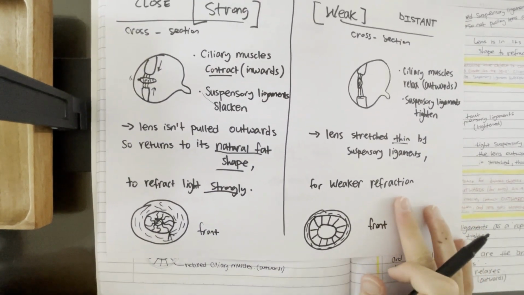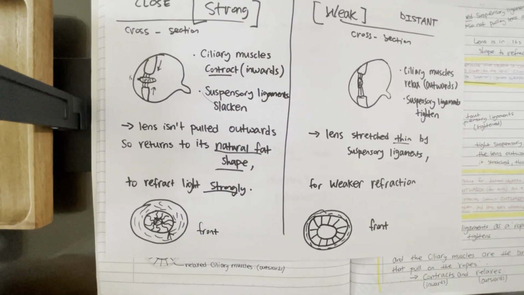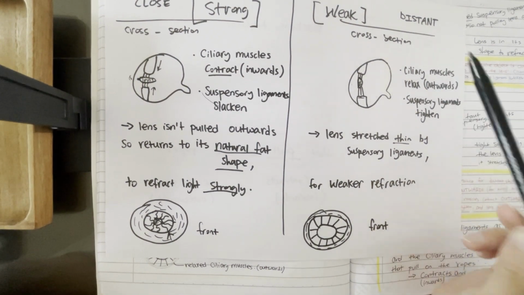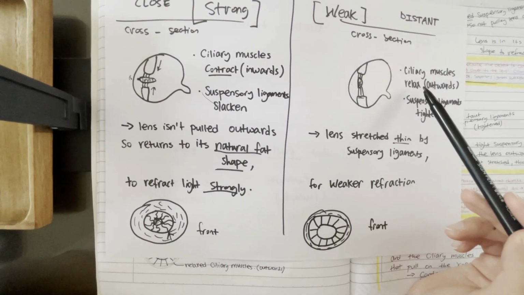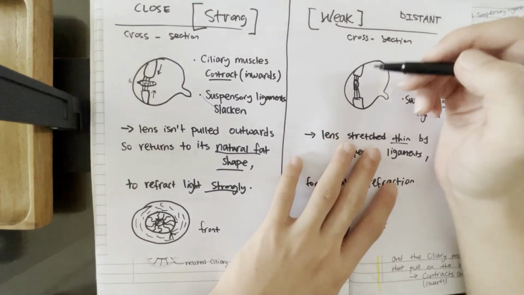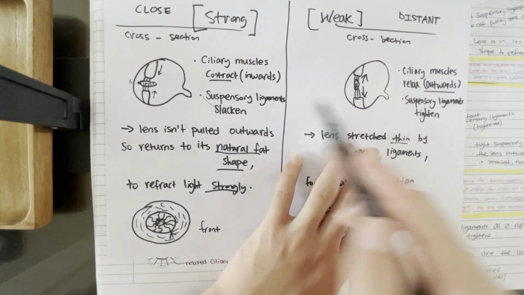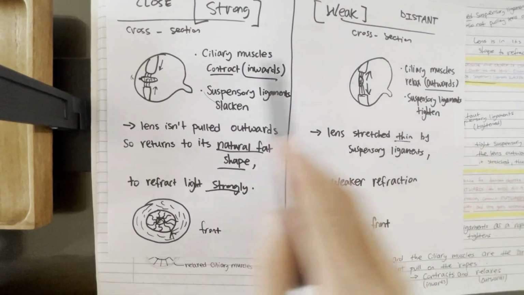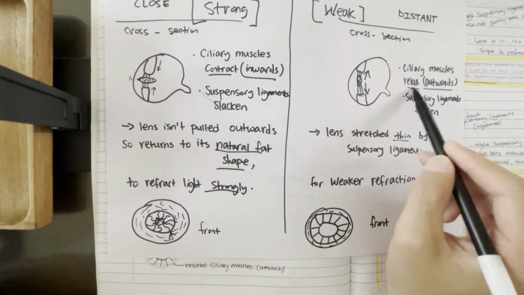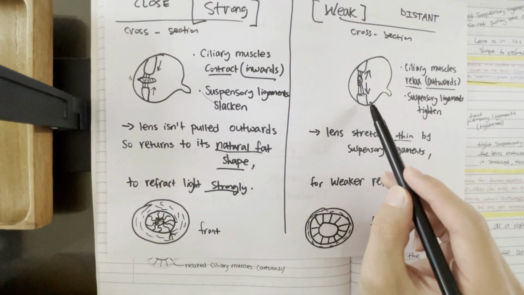Now it's basically just the opposite for distant objects. Cross-section view again. The ciliary muscles relax. They have relaxed outwards. I find it really helpful to use outwards and inwards, because otherwise you can get these terms really mixed up. But these ciliary muscles have relaxed outwards, right?